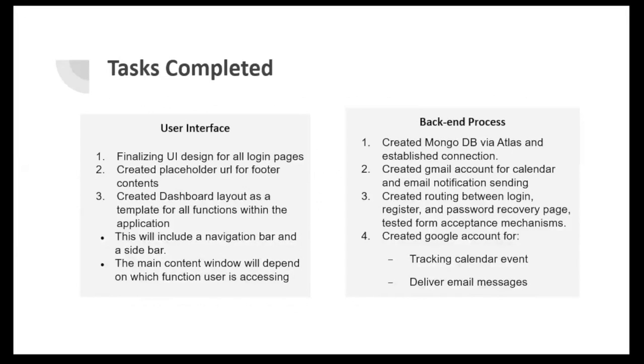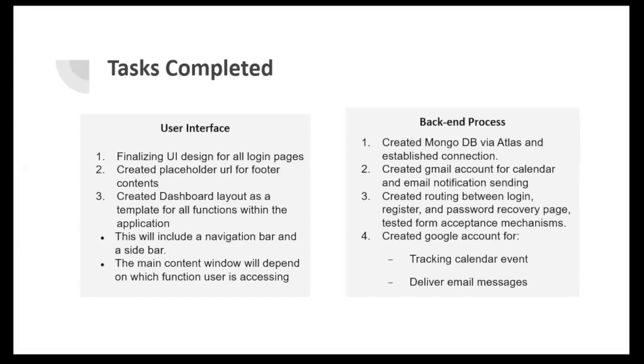Some of the tasks we've completed so far have been finalizing the UI design for both the login and registration pages. We also created placeholder URLs for footer content. This means that all buttons have been created to access different parts of the application, but if they are not active, a placeholder URL was created for them.